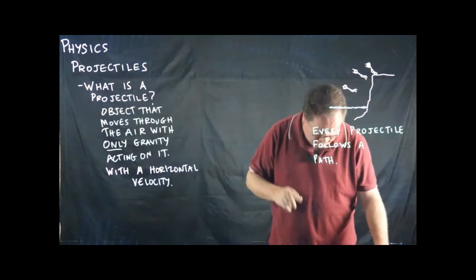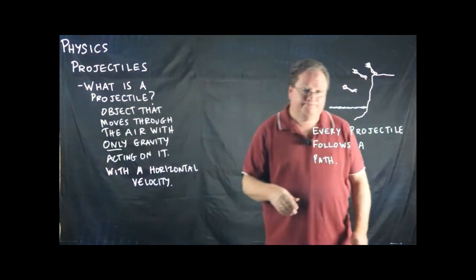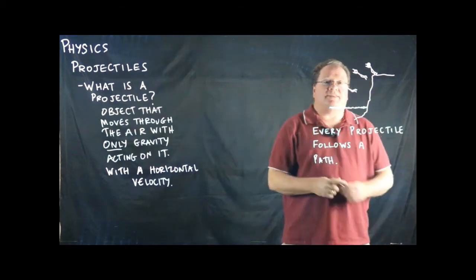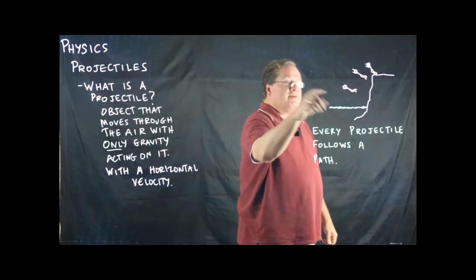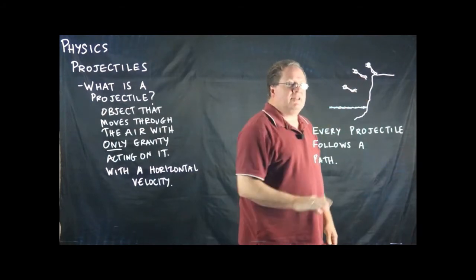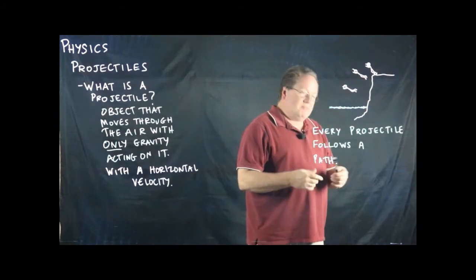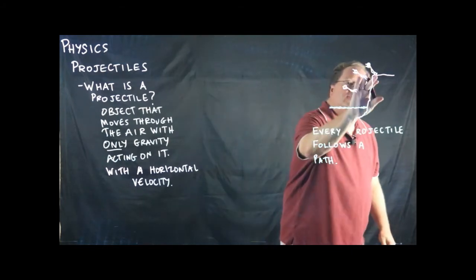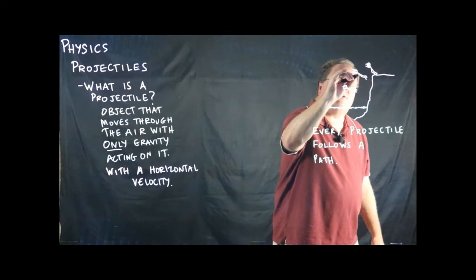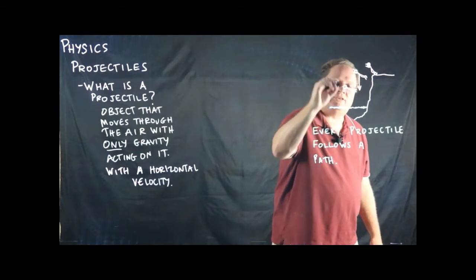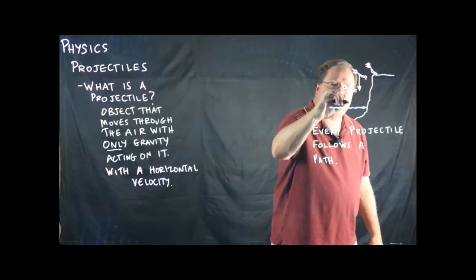Now, if you have that kind of motion, let's just say that you're diving off of a cliff at the river, and you're going to land in the water. What we would basically say is the moment your feet leave the ground, the only real force acting on you is gravity, which is pulling you straight down.